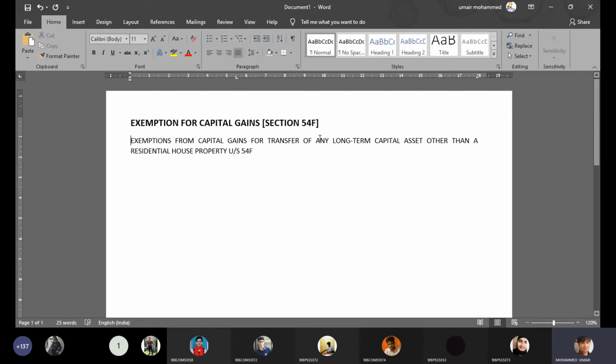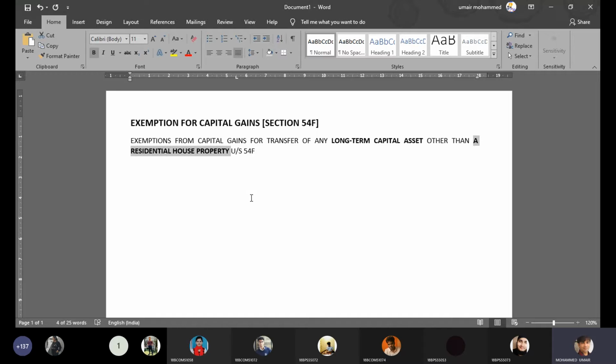This section does not specifically identify the asset, but it just says that you can transfer any long-term capital asset, but it also says it can't be a residential house property. So this is very interesting, because it just says you can transfer any long-term capital asset other than a residential house property. Whereas in section 54EC, if you could recall, it is similar to this.